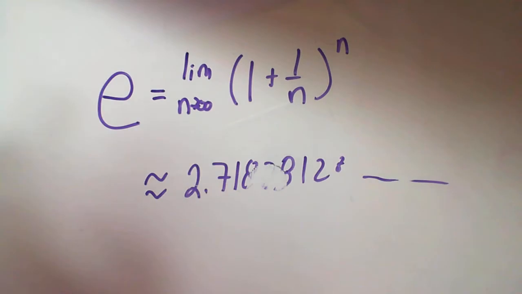Now, why we need to know e is this. If we want to compound continuously, meaning we're not compounding once a day, we're not compounding once a month, we're not compounding once a year, we are compounding continuously. You are constantly, 100%, always in a state of getting interest, of decomposition, of growth.